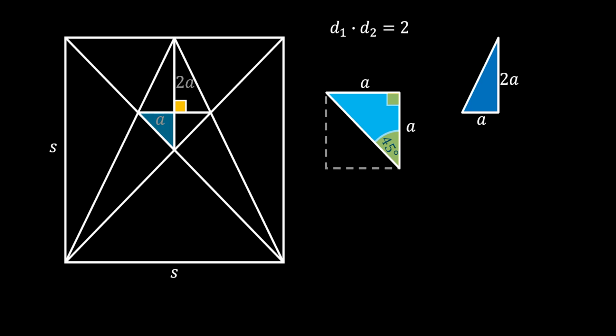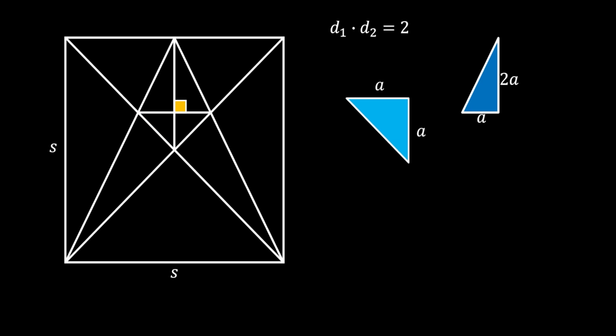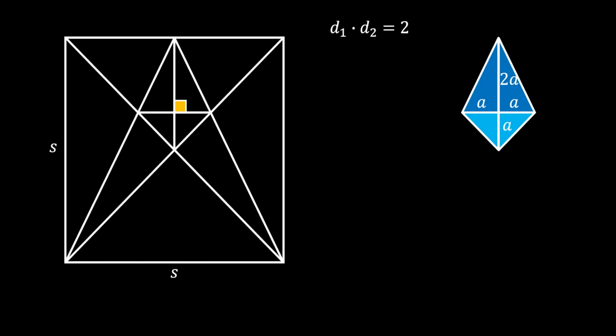And now let's settle this triangle on the right side of our sketch. And you can see that we have half of our kite. And let's use the fact that the big diagonal of the kite is a symmetry line, so we can draw the other half of the kite. Now let's notice that the big diagonal of this kite has the value of 3a, and the small diagonal will have the value of 2a.